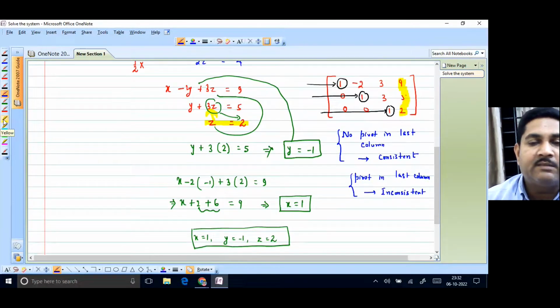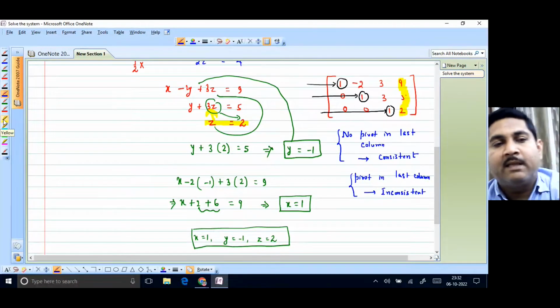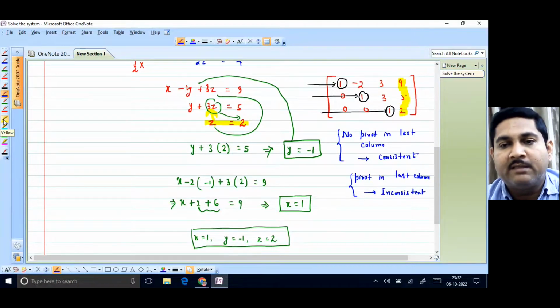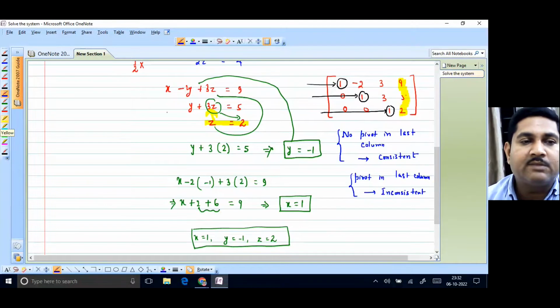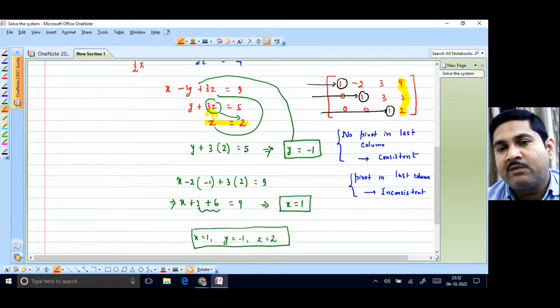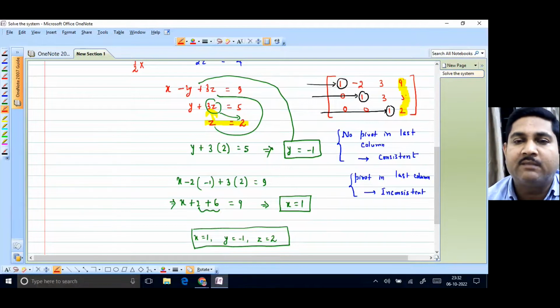Next question is, if the system is solvable, meaning if there is no pivot in the last column, as we are getting here, then what will I do? My next question is to determine whether the system has an infinite number of solutions or a finite number of solutions.